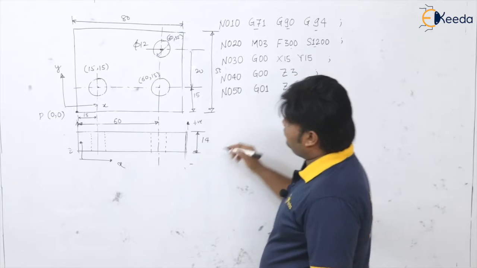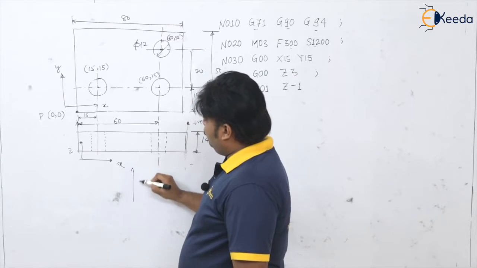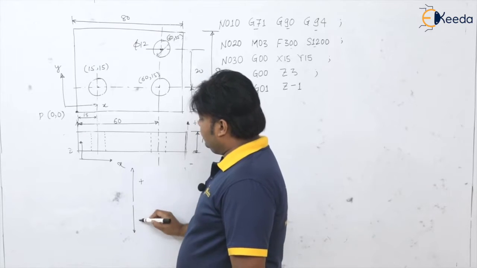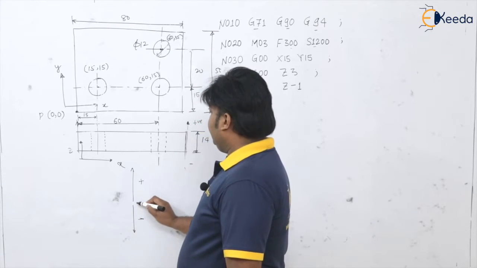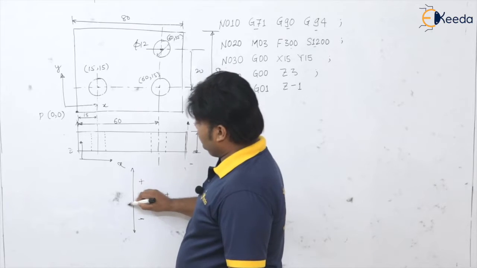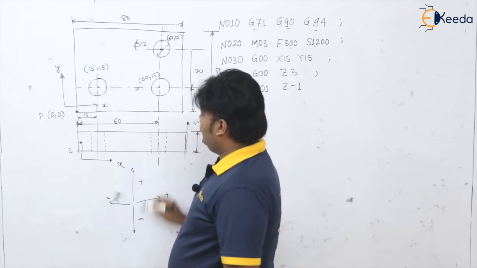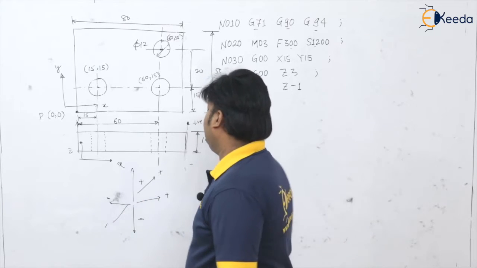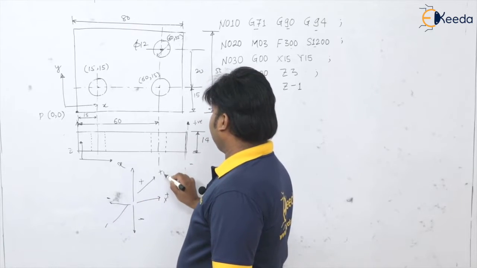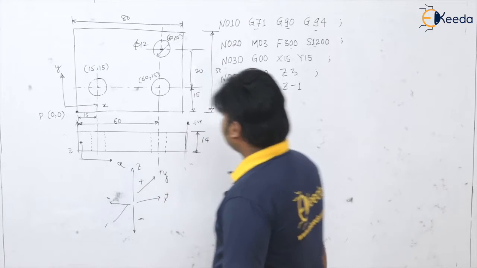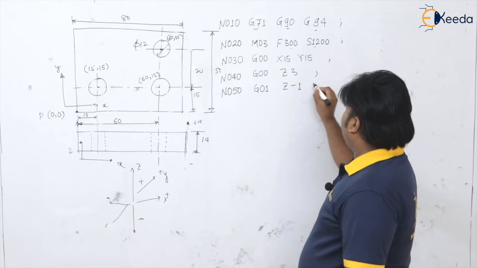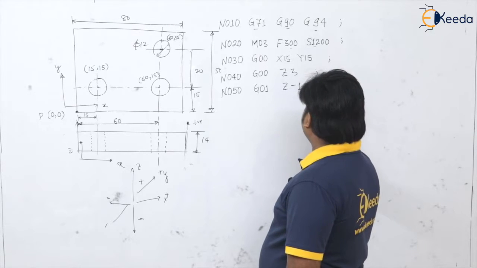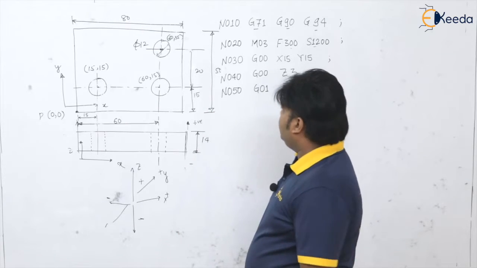Please remember Z upward from the work surface is positive and toward the depth is negative. X in this direction is positive, in this direction negative, and Y in this direction positive, in this direction negative. This is X, Y and Z. So 14 millimeter drilling is done.